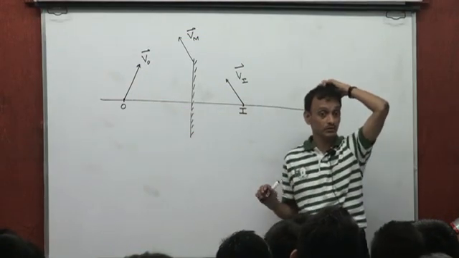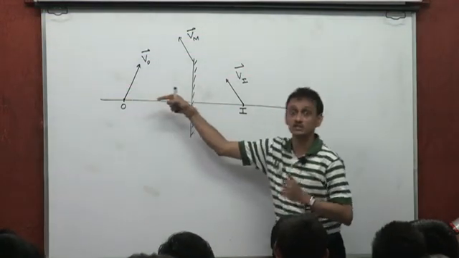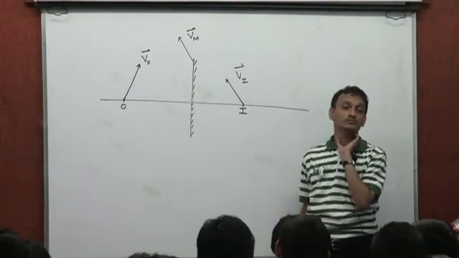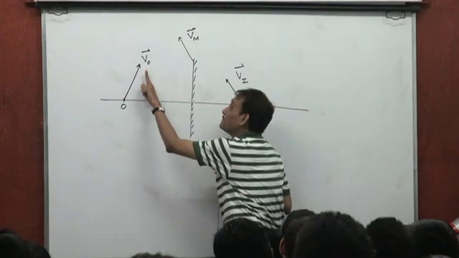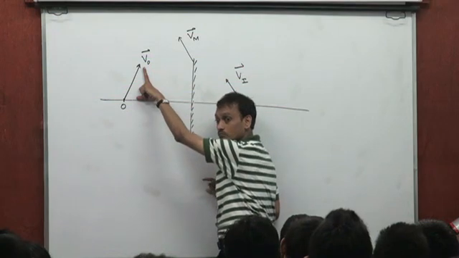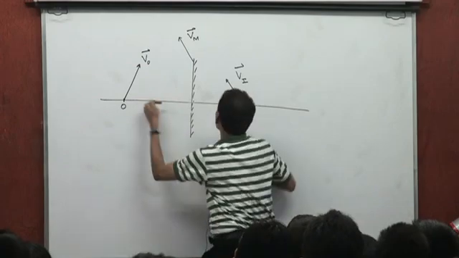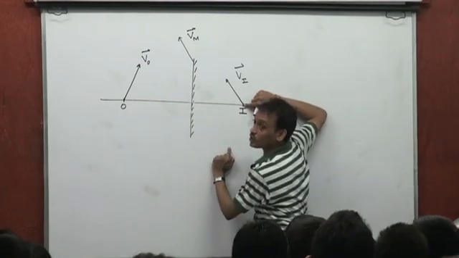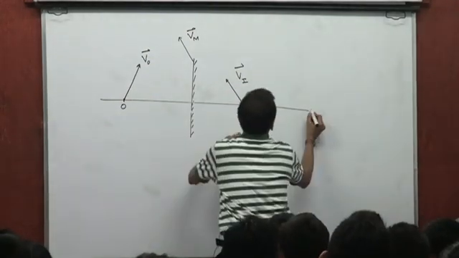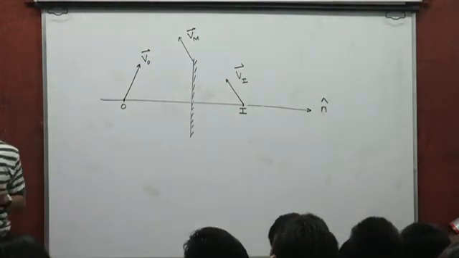As far as this direction is concerned, this observer would tell you that the velocity of the object in this direction must be the negative of the velocity of the image along this line. You know what I'm saying? Suppose along this direction there is a unit vector n cap.